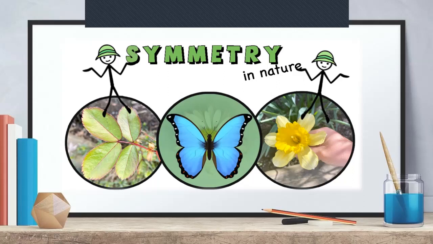Also with this yellow flower, it has a symmetrical side. Left and right, if we put a line in the middle, they are still in symmetry. So these are examples of things that we can find in nature.